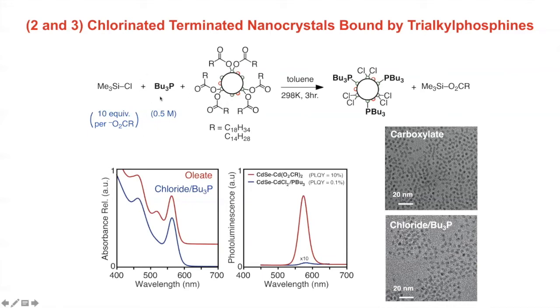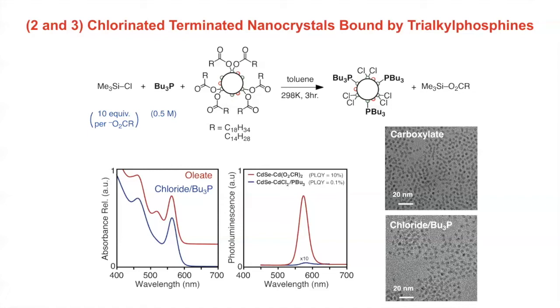But if you do that exchange in the presence of a phosphine ligand, the product is soluble. And so you end up with a tributylphosphine ligand binding an underlying cadmium selenide crystal that has some cadmium chloride adsorbed to its surface, and this can be handled like any other colloidal dispersion of nanocrystals that we work with.